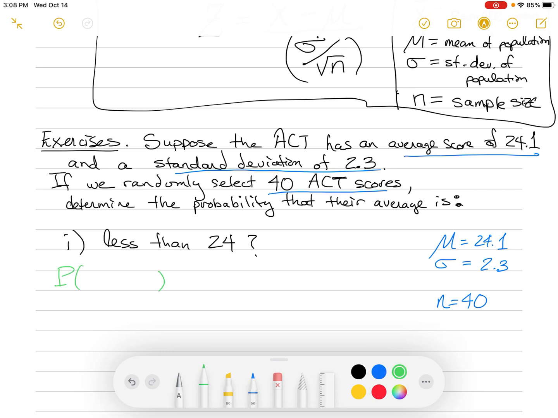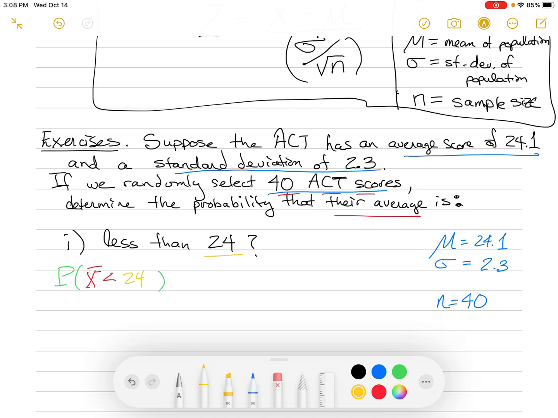So we want the probability that their average, what is their average? Their average refers to that sample, right? That sample of 40 ACT scores. So their average, that's x bar, right? The sample average is less than, here we're talking about 24. What color?